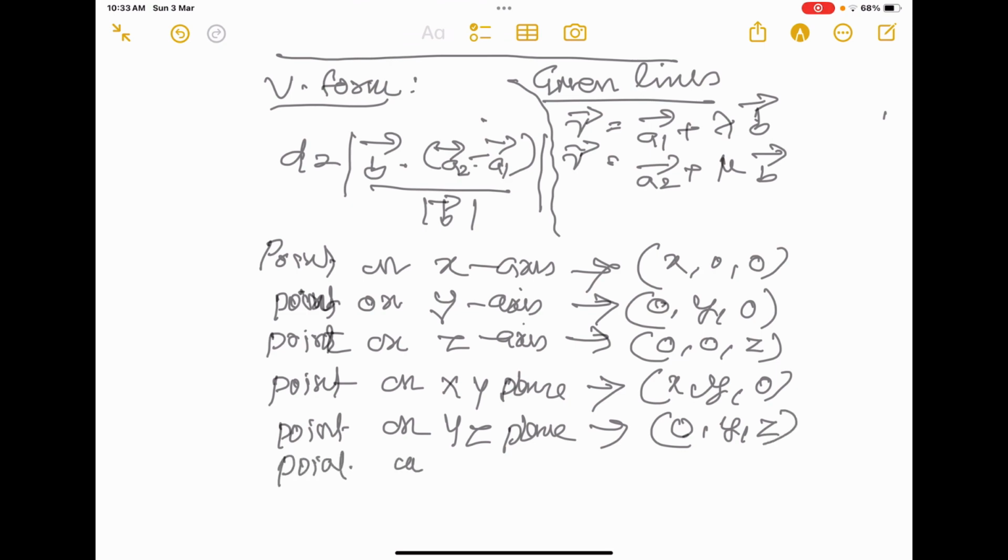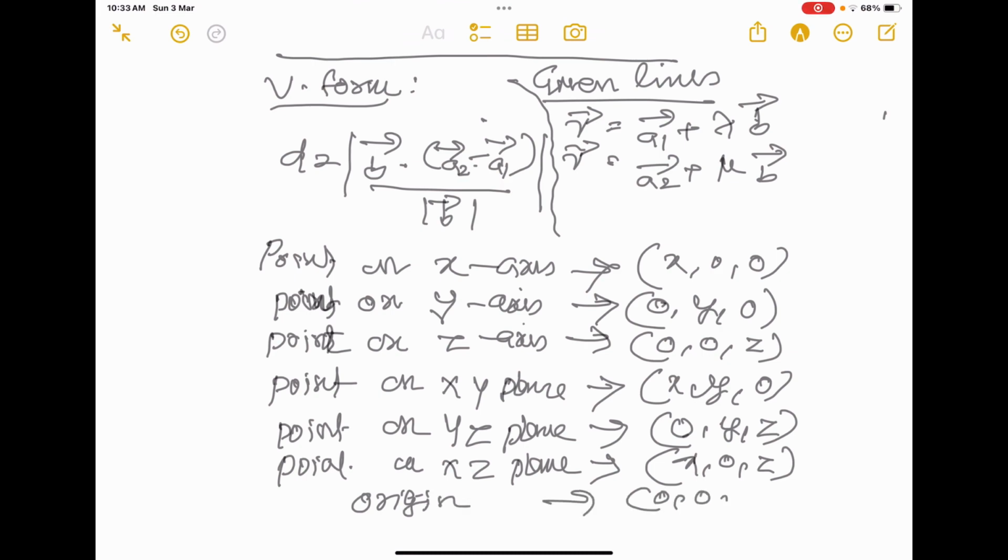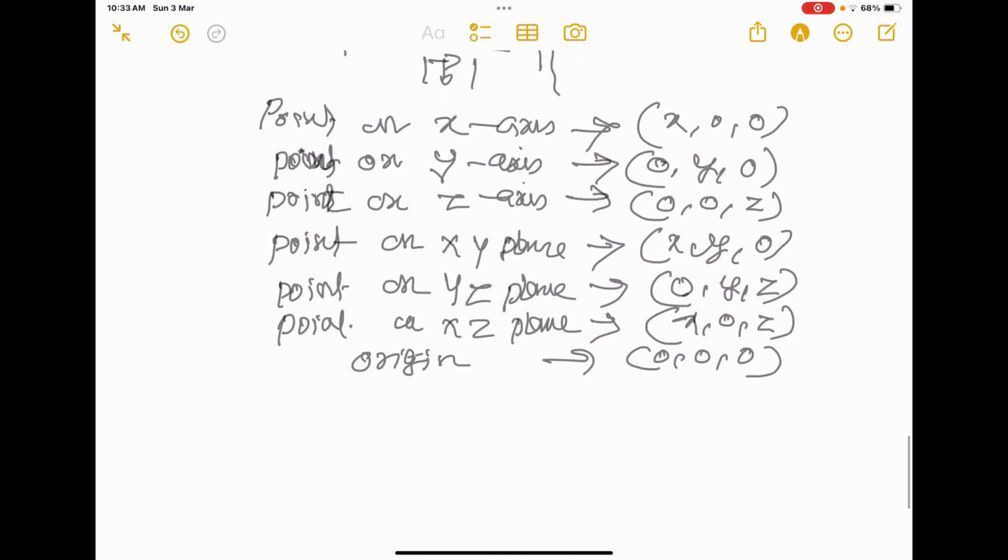And a point on xz plane is x, 0, z. And origin is 0, 0, 0.